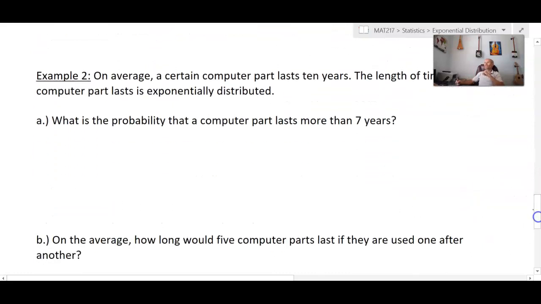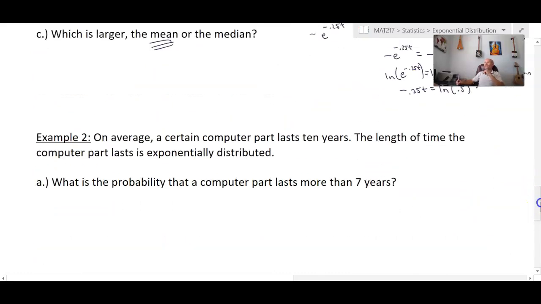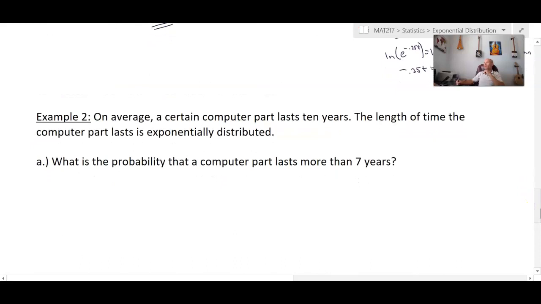Let's take a look at one more example. On average, a certain computer part lasts 10 years. The length of time the computer part lasts is exponentially distributed. So the length of time the computer part lasts, we'll define that to be x. It is exponentially distributed.